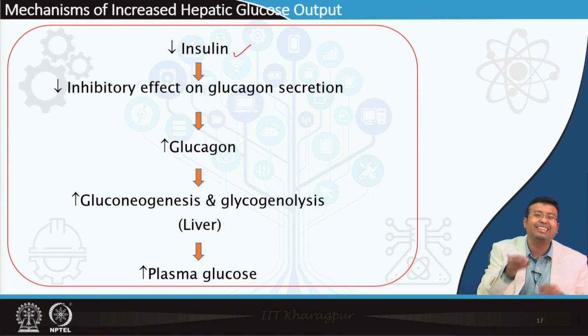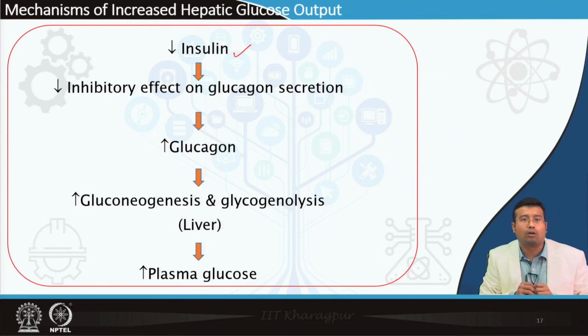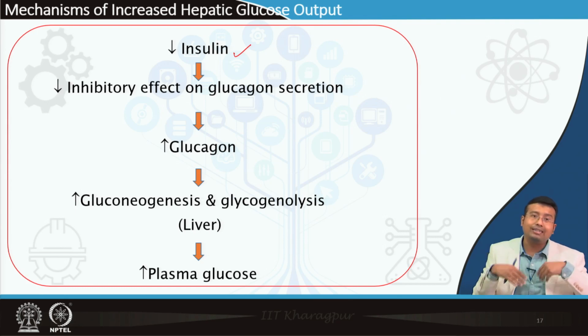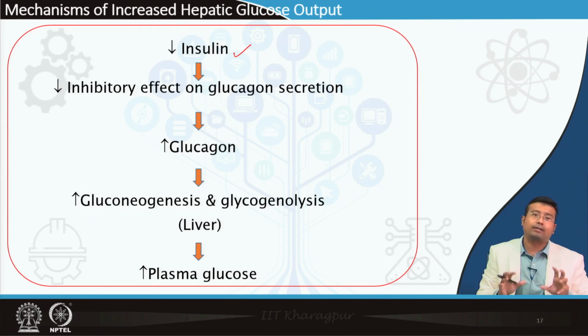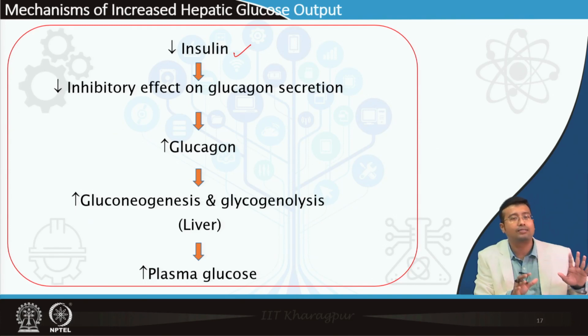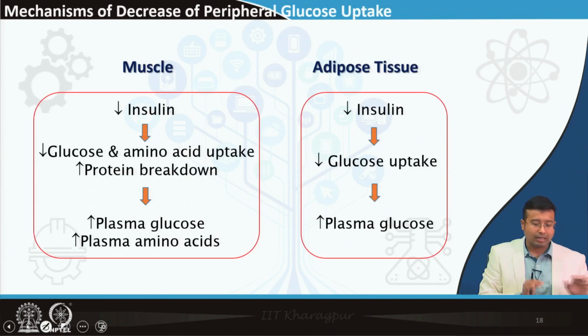Since there is decreased secretion of insulin, and insulin has an inhibitory effect on glucagon, and glucagon always has a tendency to increase blood glucose, because increasing blood glucose is an emergency mechanism. There are multiple other factors by which blood glucose rises, which we already discussed in the previous class. So if the inhibitory effect of insulin is gone, glucagon will be more and more, leading to increased glycogenolysis and gluconeogenesis, releasing more glucose into the bloodstream, and plasma glucose will increase. This is the alteration that happens in the liver.